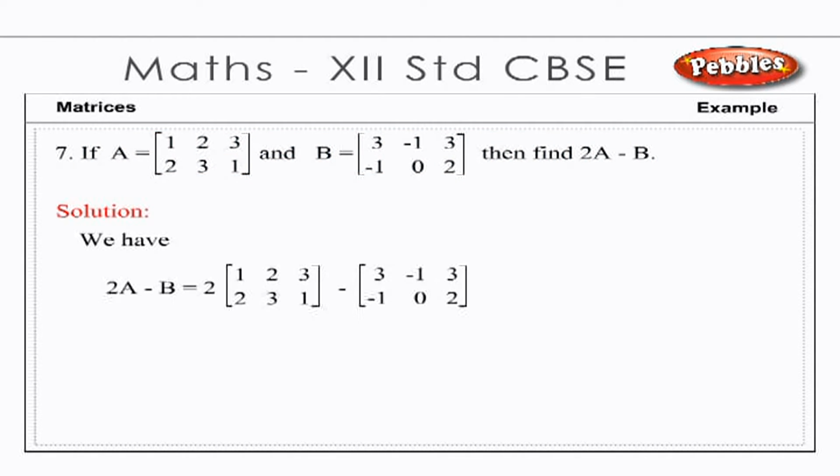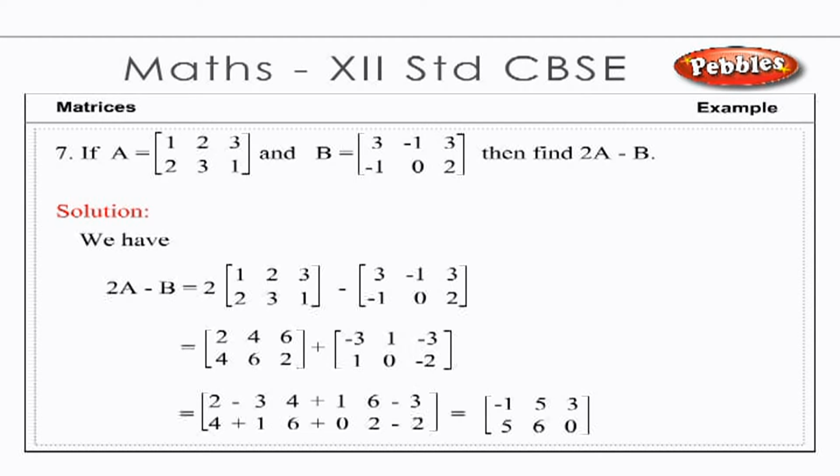We have 2A minus B equal to 2 into [1, 2, 3; 2, 3, 1] minus [3, minus 1, 3; minus 1, 0, 2], which is [2, 4, 6; 4, 6, 2] plus [minus 3, 1, minus 3; 1, 0, minus 2].